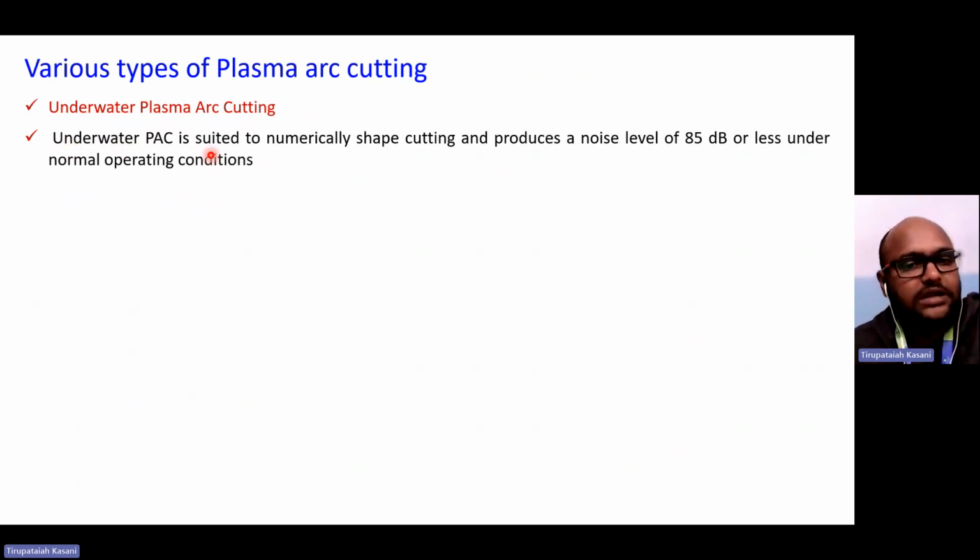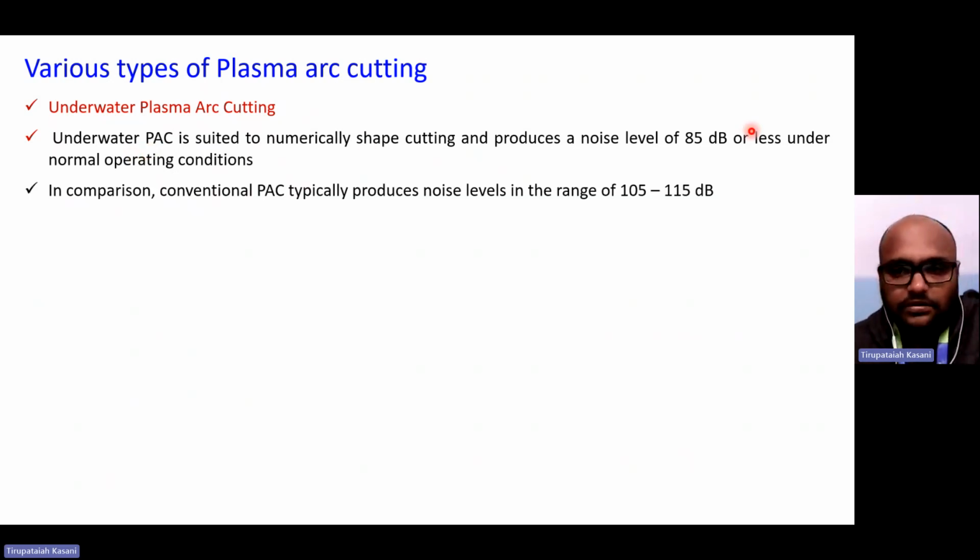Underwater plasma arc cutting is suited for numerically controlled shape cutting and produces a noise level of 85 decibels or less under normal operating conditions. In comparison, conventional plasma arc cutting typically produces noise levels in the range of 105 to 115 decibels.